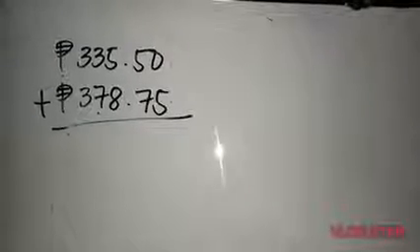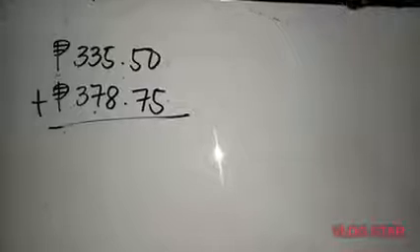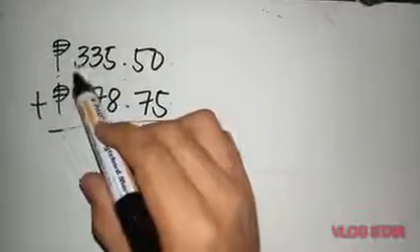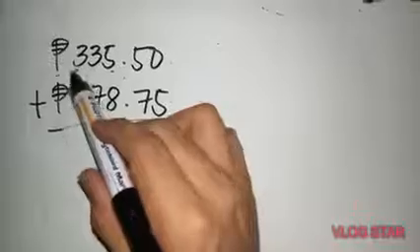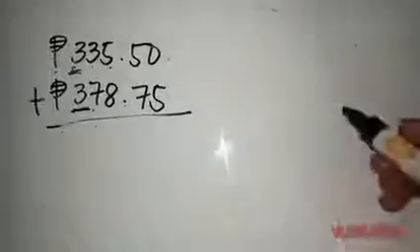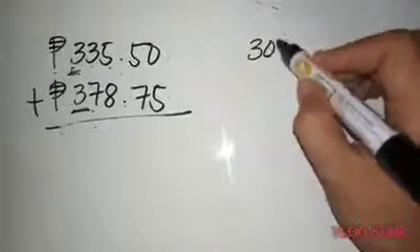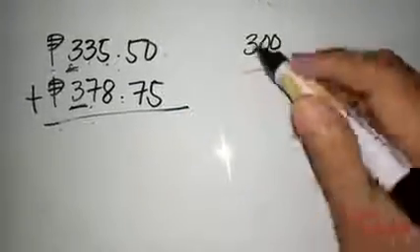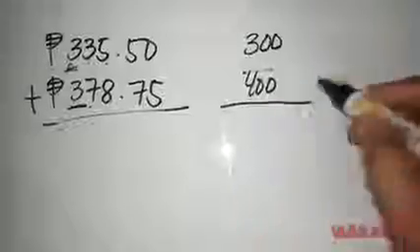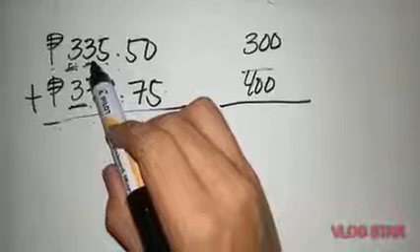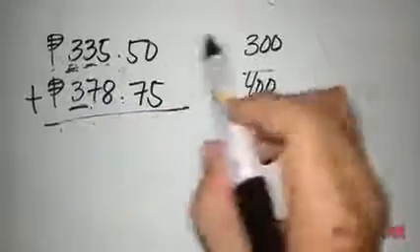So a while ago, we just rounded to the nearest peso, and now we round to the nearest hundred. So the places would be ones, tens, hundreds. If we're going to round 335 to the hundreds, that would be 300, and 375 will become 400. Why 300? Because the next digit to 3 is less than 5, so round it down.